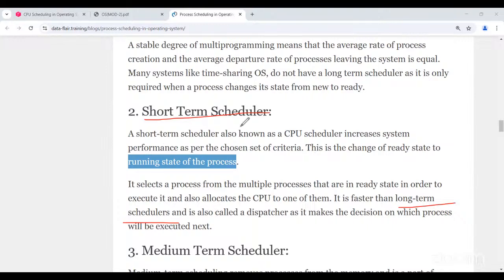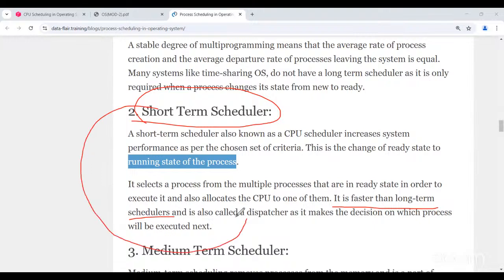The short-term scheduler is faster than the long-term scheduler, and it is also called a dispatcher. Why is it called a dispatcher?